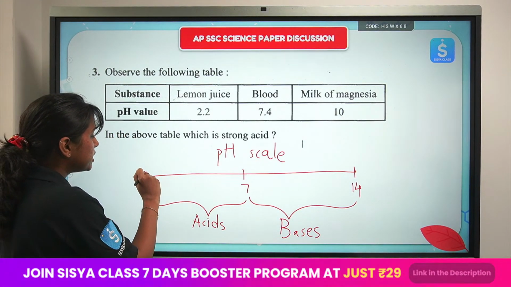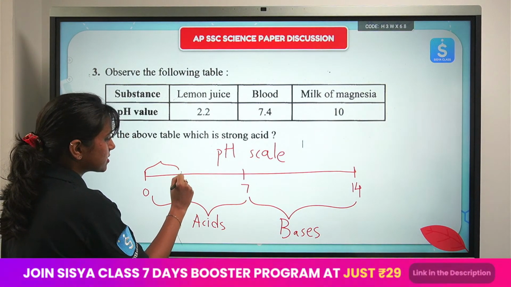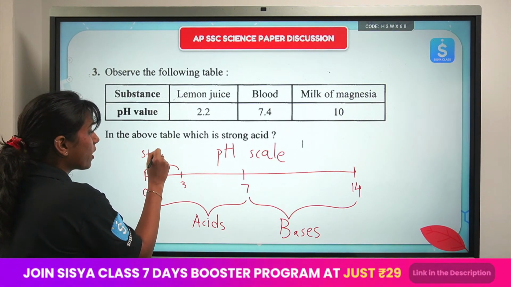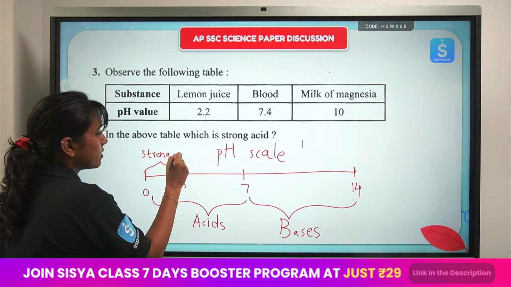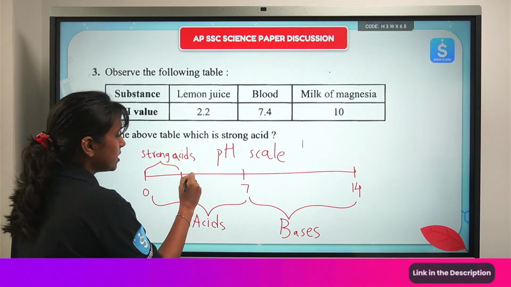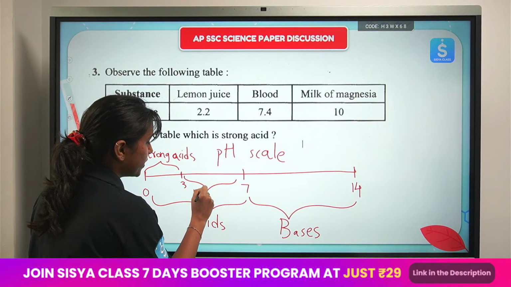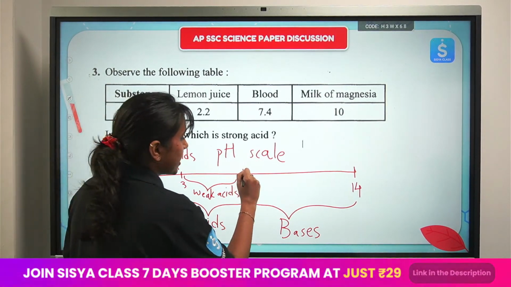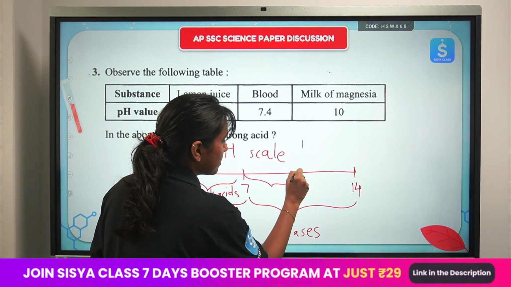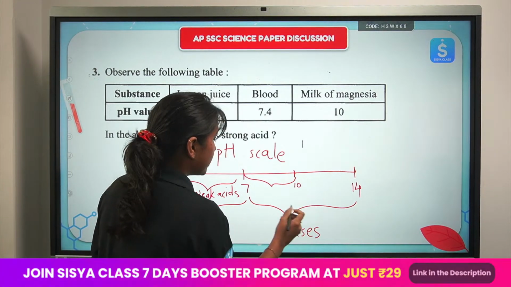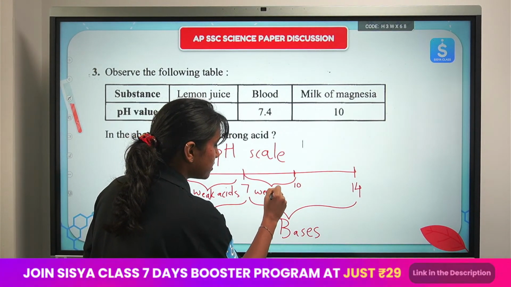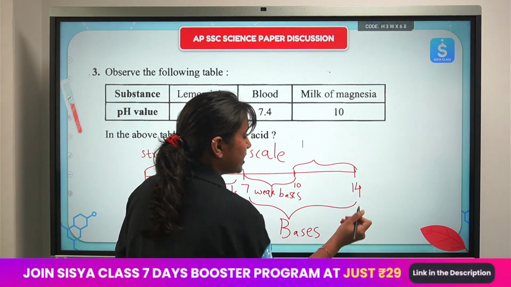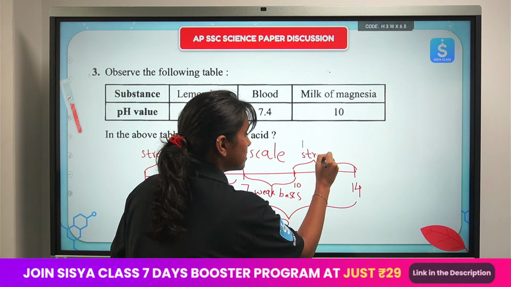The initial 0 to 3 is the range of strong acids. 3 to 7 is the range of weak acids. Then 7 to 10 is the range of weak bases, and 10 to 14 is the range of strong bases.